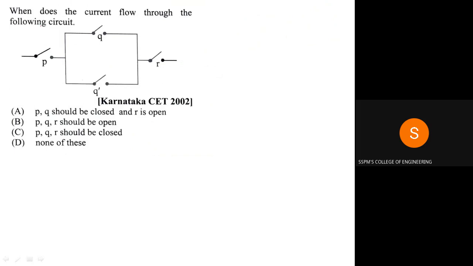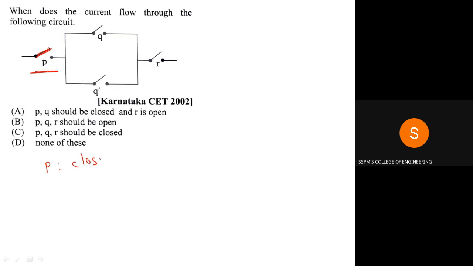Now here a circuit is given. When does the current flow through the following circuit? Okay, see. First of all, for P, the key has to be closed in order for current to flow through this circuit.